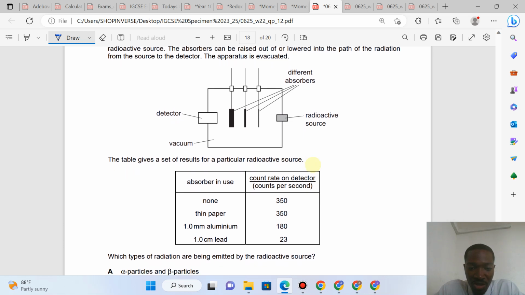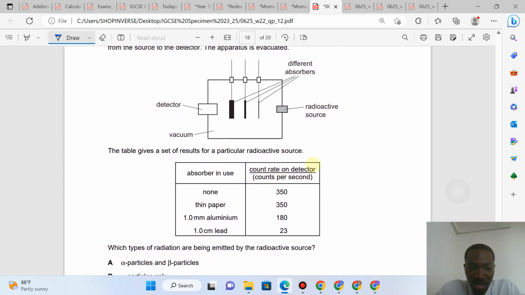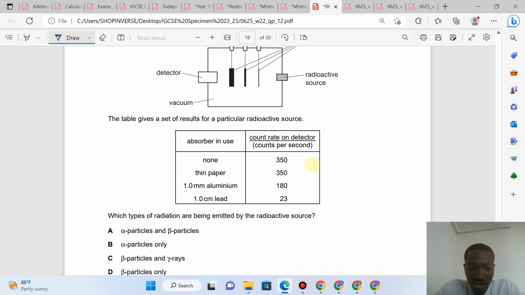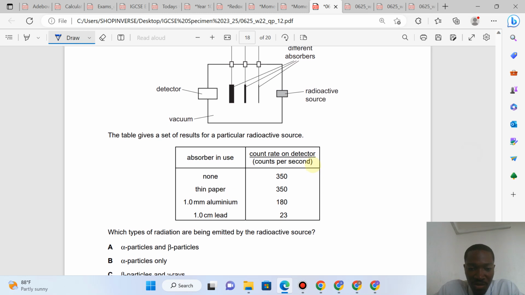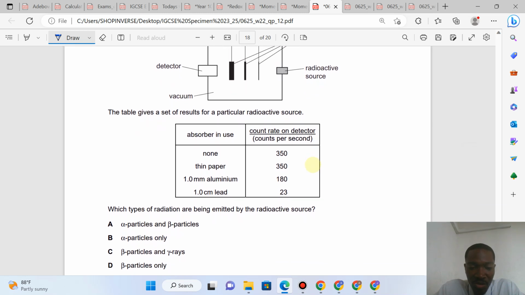Which type of radiations are being emitted by the radioactive source? A, alpha particles. B, beta particles. C, beta particles and gamma rays. D, beta particles only. Okay, you see, in this case, if you look at alpha, beta particles and gamma rays, the perfect absorber in this case is the 1 centimeter lead.